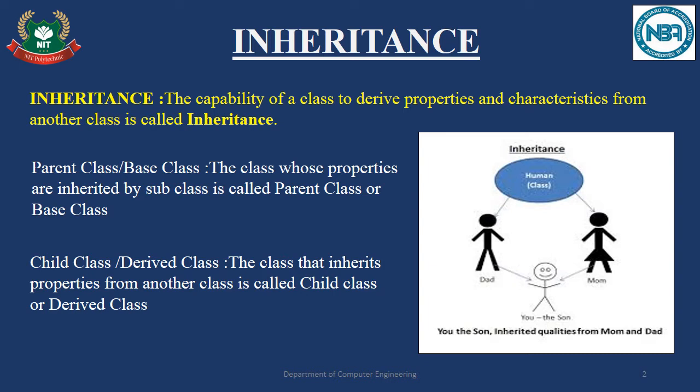As in the given figure, the son inherits properties from its two parents, that is father and mother. So father and mother are the parent class, whereas the son is the child class.